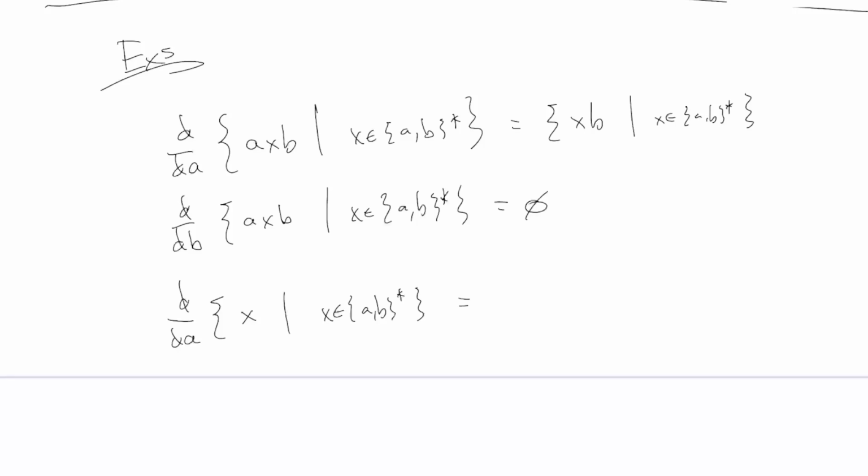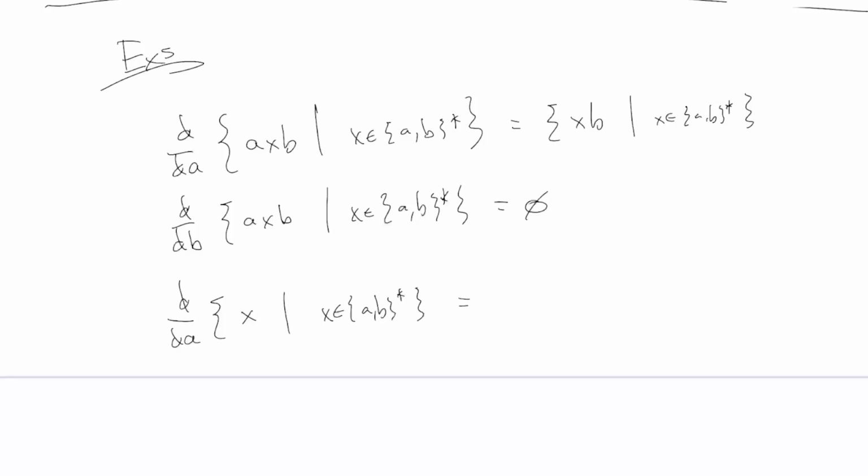Can anyone say what is left over when you do this? It's not the empty set, because there really are some things in here which start with A. You got an idea? Yeah? BX. That means if I find the strings that start with A, take that A away, what's left over, does it necessarily start with a B? I think it doesn't really, because some of them could start with, say, AA.